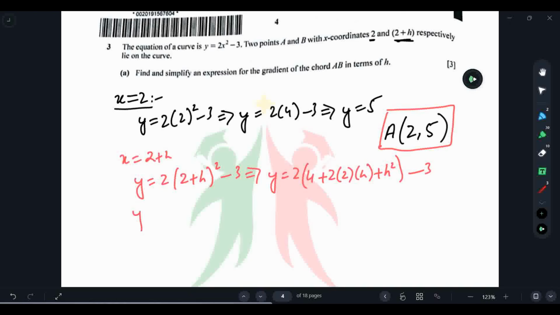Now if we simplify it further, this will be 2 into (4 plus 4h plus h squared) minus 3. And finally we will get y equals 8 plus 8h plus 2h squared minus 3.